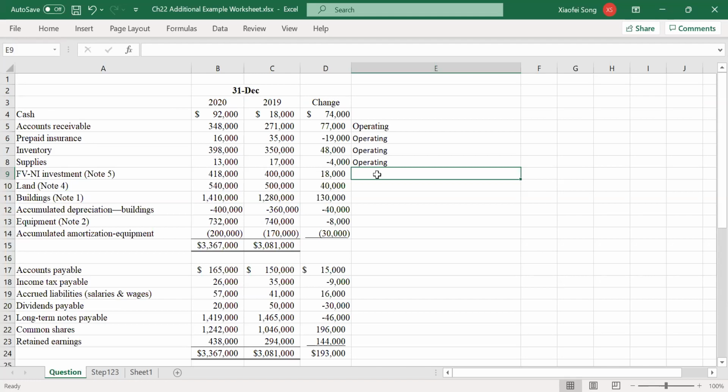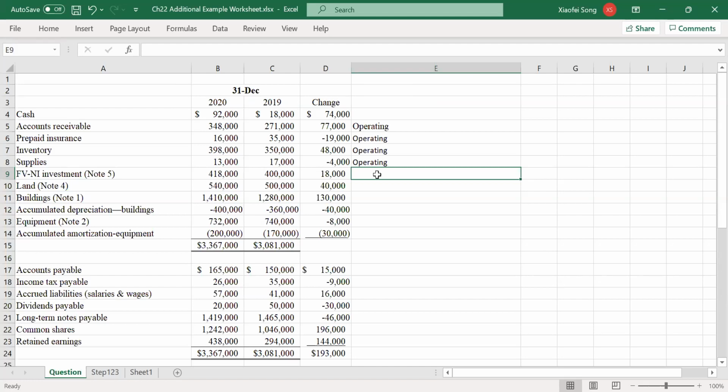You wouldn't probably want to call it investing cash flows, but for the reason I just said, you actively manage that to buy and sell at the right time to maximize your return. It's much more similar to you buy and sell inventory to earn a profit, right?